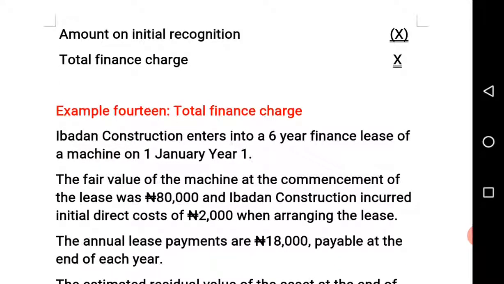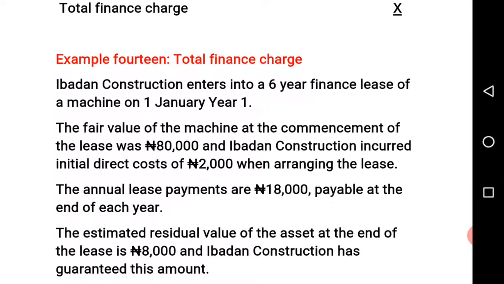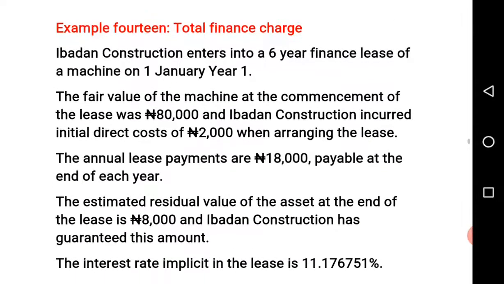We have example 14 here, total finance charge. Ibadan Construction enters a 6-year finance lease of a machine on 1st January year 1. The fair value of the machine at commencement of the lease is 80,000 and Ibadan Construction incurred an initial direct cost of 2,000 when arranging the lease. The annual lease payment is 18,000 payable at the end of each year.